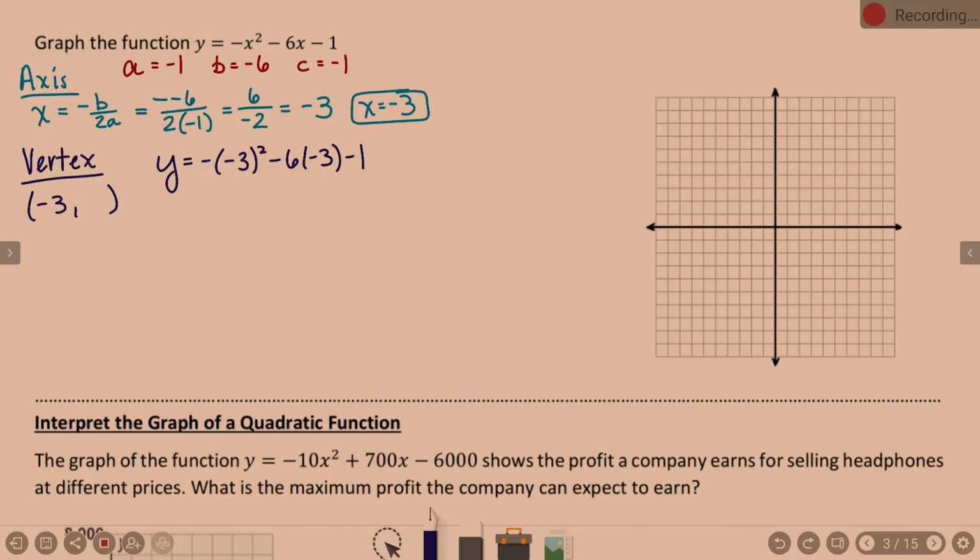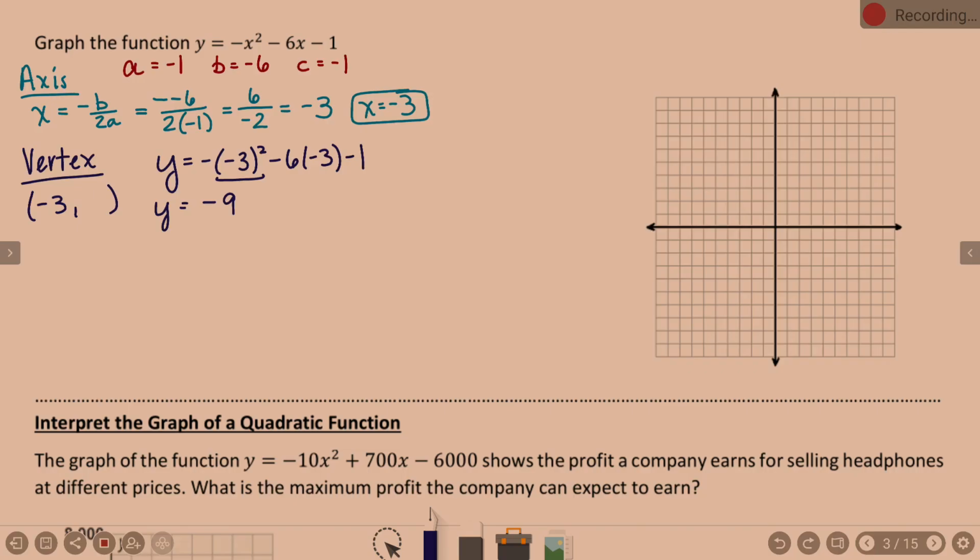Now, what is -3 squared? -3 times -3 is 9. What is the negative of 9 then? -9. Okay, so you save that negative on the outside for the end. You square the x value, then we make it negative.